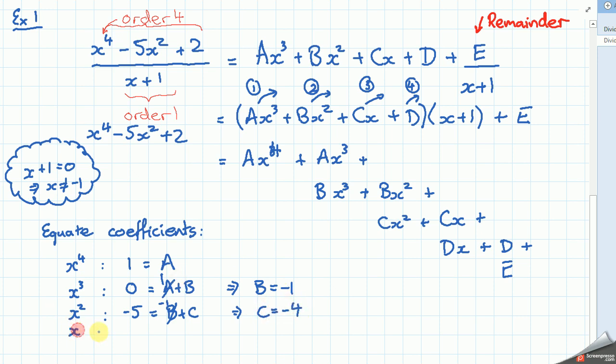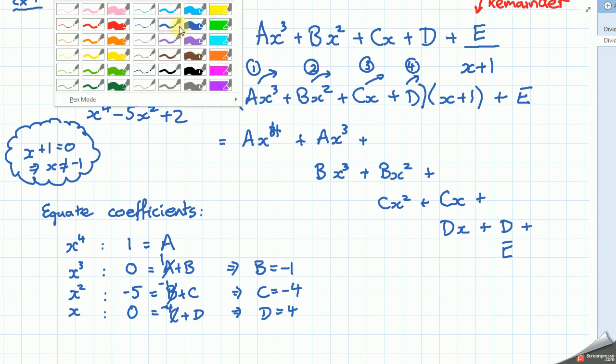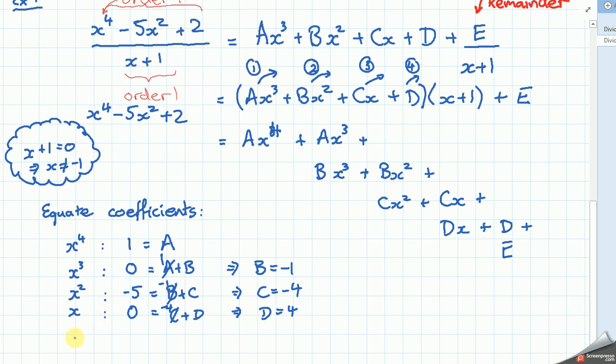And x, no term, so that is equal to, the x term is c plus d. C is minus 4, tells me that d must be 4. And last bit of line for this one, number term.